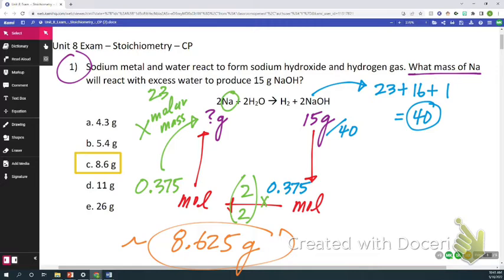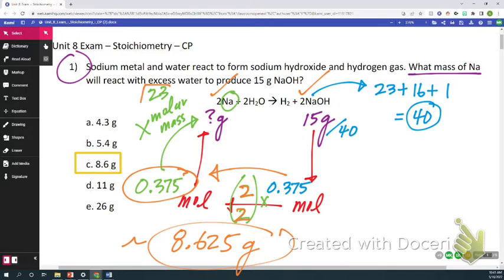So what did I do here? I changed the grams that they gave me to moles. Then I rode the mole ratio train to find moles of this. The train was a 2 to 2 train, because I'm going to a 2 and I came from a 2. So the number didn't change at all, but now it's moles of Na. Then you take one final step by multiplying by the molar mass of Na, which is 23, to get grams.